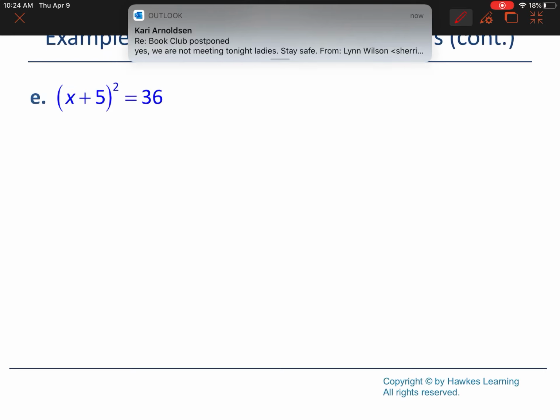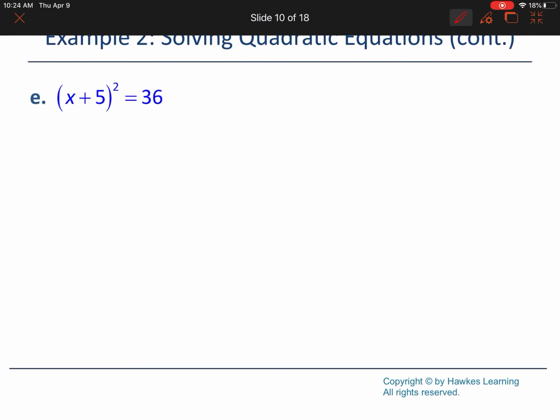All right, so we will multiply out x plus 5 squared. So we have x squared plus 10x plus 25. I was using that rule we had about squaring a binomial, and certainly if that's not comfortable for you, then go ahead and multiply it out and distribute it or put it in the box or whatever.